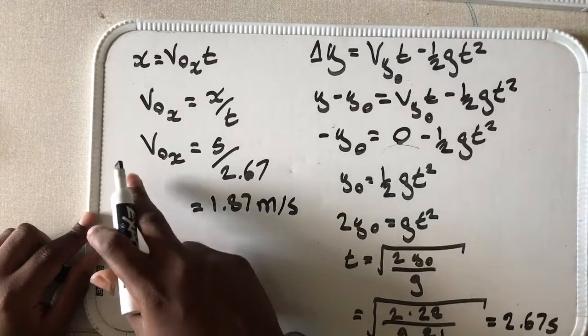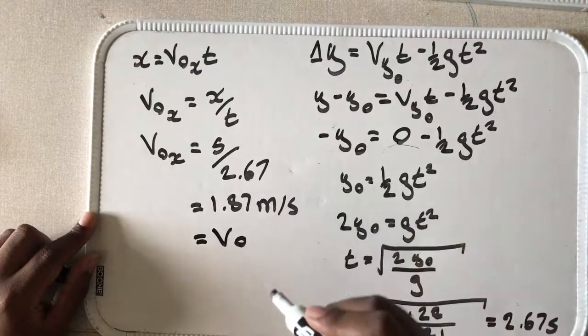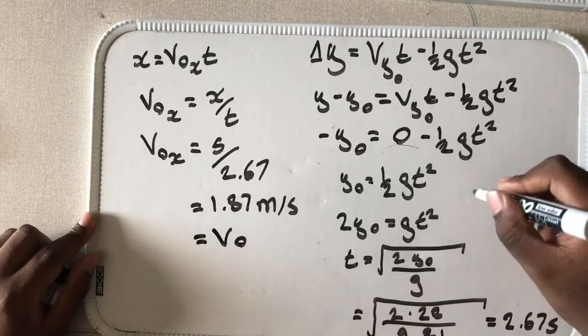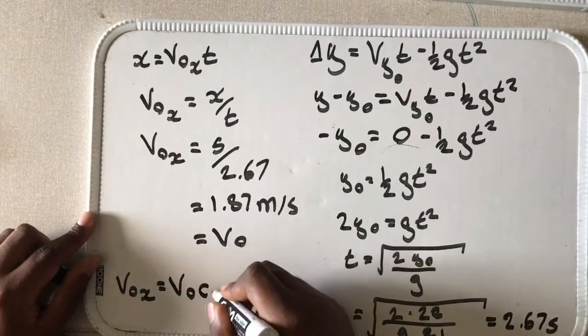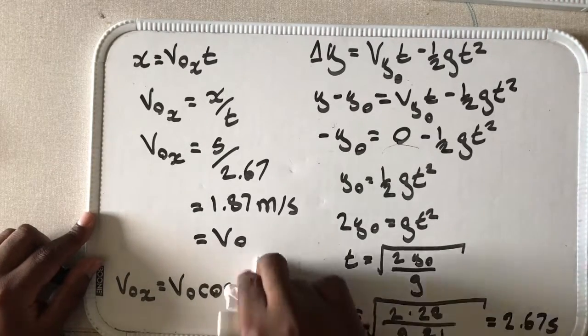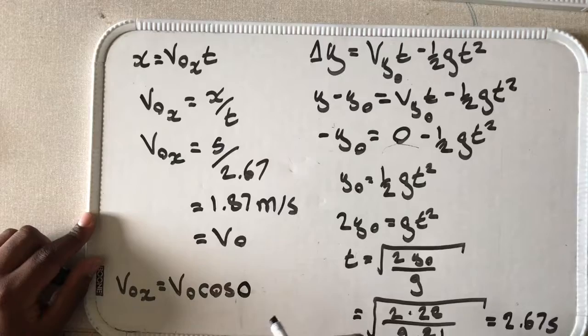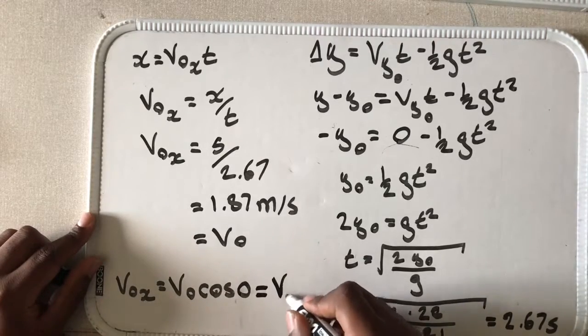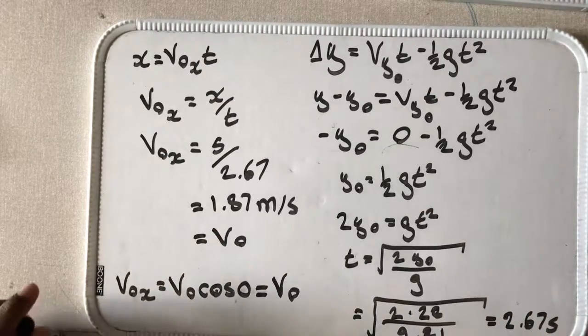But remember, initial velocity in the x is equal to v naught cosine theta, but theta is 0 because I'm pushing off horizontally. And cosine of 0 is 1. So my horizontal velocity that I want to push off with to get me past those shallow waters is exactly 1.87 meters per second.